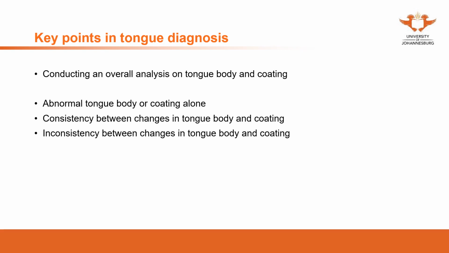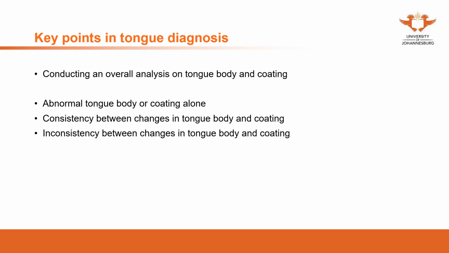When we inspect the tongue, there are also some aspects that need to be taken into consideration, especially if there are some conflicts in between, such as the patient presents as abnormal tongue body only, or abnormal coating only. So an abnormal tongue with a thin white coating, or a light red tongue with an abnormal coating.